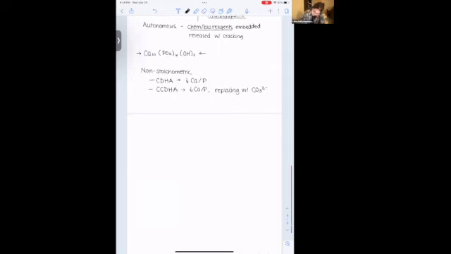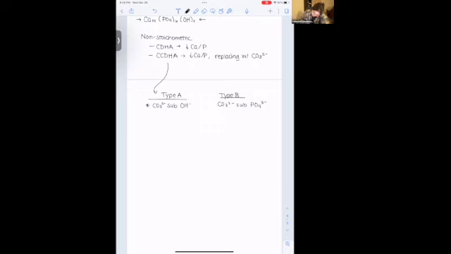And so there are actually two types of this. You have type A, which replaces one of the hydroxide groups, and type B, you have it replacing phosphate. And so this first type A actually occurs more so in high temperature situations.